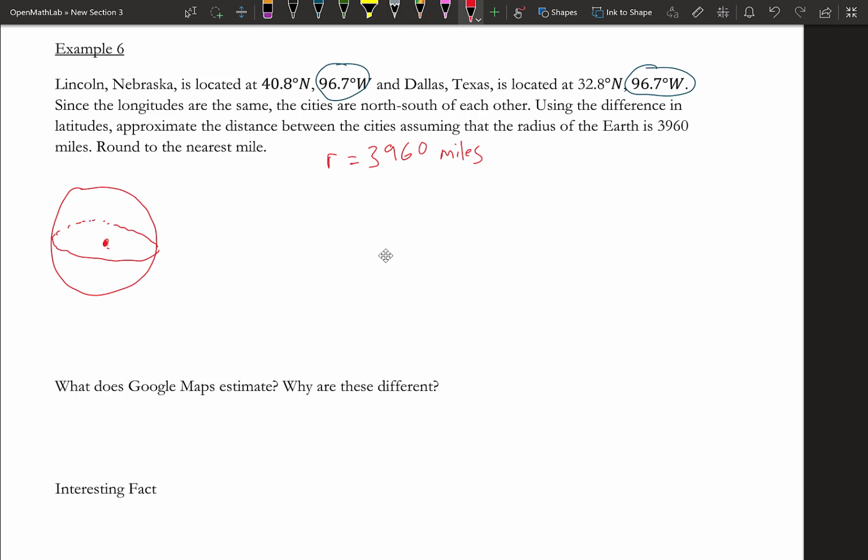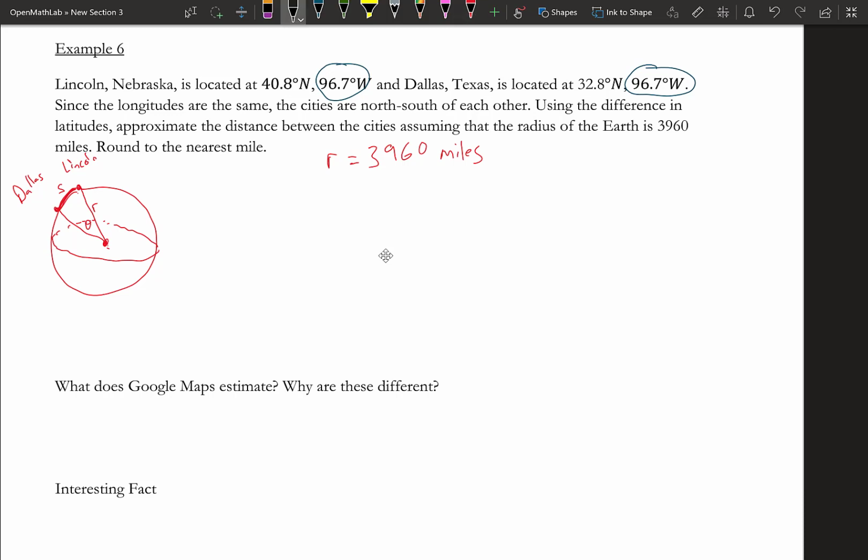Here's the center of the sphere, and over here we have Dallas and Lincoln, Nebraska. Here's theta. Here's S, that's what we're trying to find. And the distance from the center to these points is R, the radius. Since they have the same longitude, the difference in their latitudes is equal to theta in degrees.